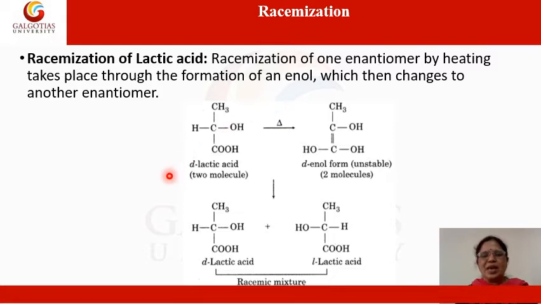We can see here the dextrolactic acid is taken in 2 moles, and when it is heated, it is getting converted into the enol form, which is D-enol, and this is unstable. So what happens? It then changes into another enantiomer, and that's how we get the racemic mixture of lactic acid.